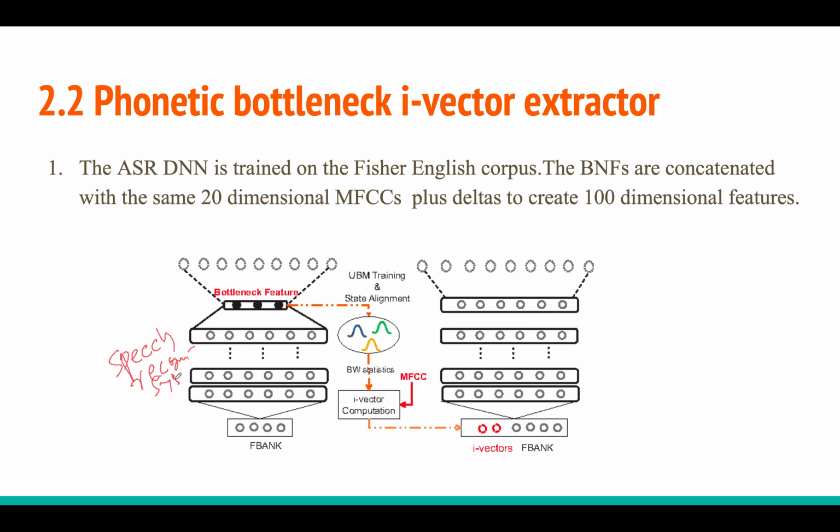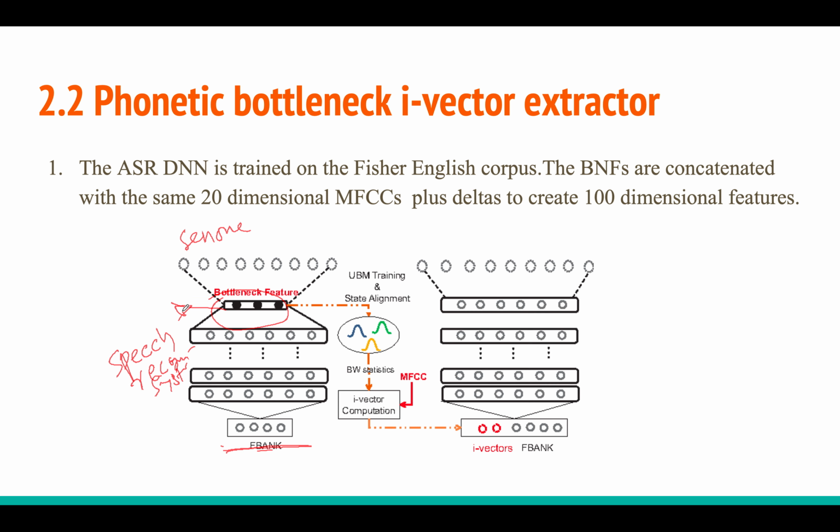It basically takes a sequence of frames, a sequence of filter bank energies, and classifies each frame into one of, let's say, 2000 senones. Whenever you feed one filter bank vector here, you get the bottleneck feature. The bottleneck feature could be any dimension. We'll see what the dimension is.